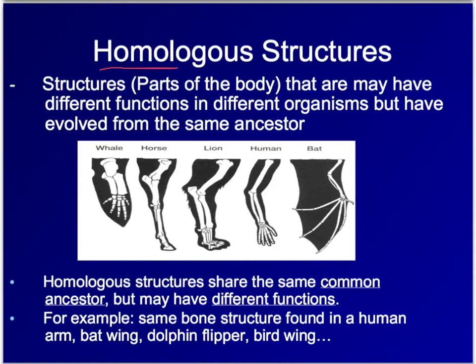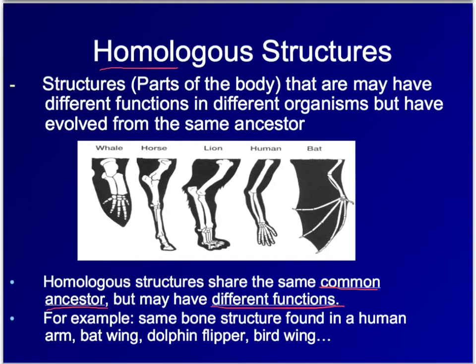So homologous structures are structures or parts of the body, like your hand, your foot, that may have different functions in different organisms, but have evolved from the same ancestor. Homologous structures, therefore, share the same common ancestor, but may have a different function, saying it in other words.